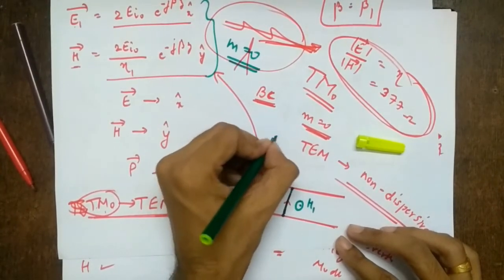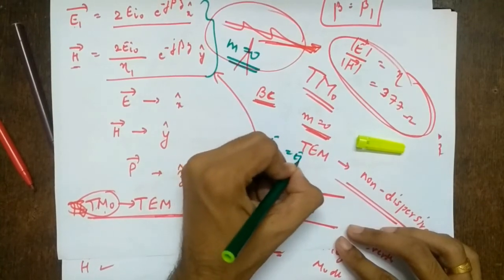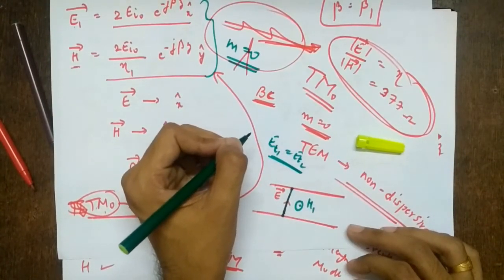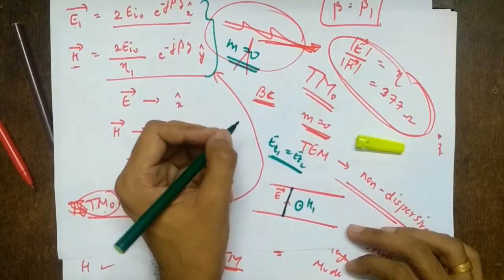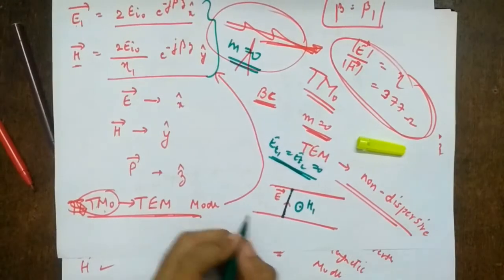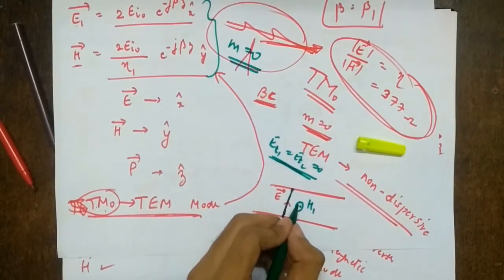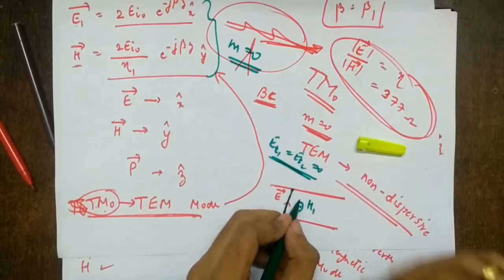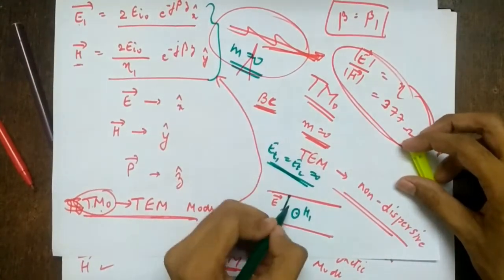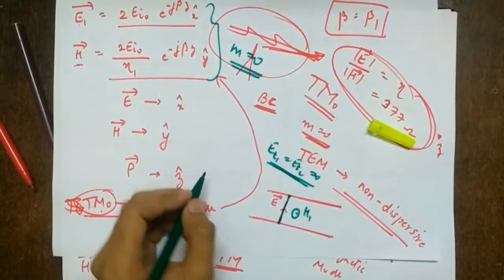It means the tangential components are equal. So E t1 equals E t2, right? And they are 0. That is, the tangential components are 0. Similarly, if you think over it, the normal components are also satisfying the boundary conditions. Okay. So in this way, it is satisfying the boundary conditions. So that is why a TEM wave can also travel inside a waveguide.